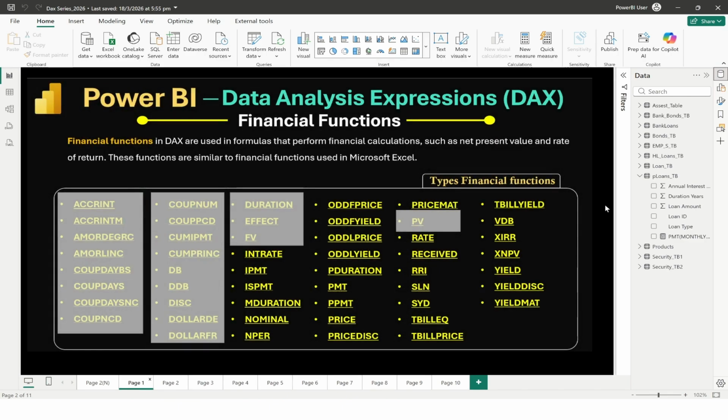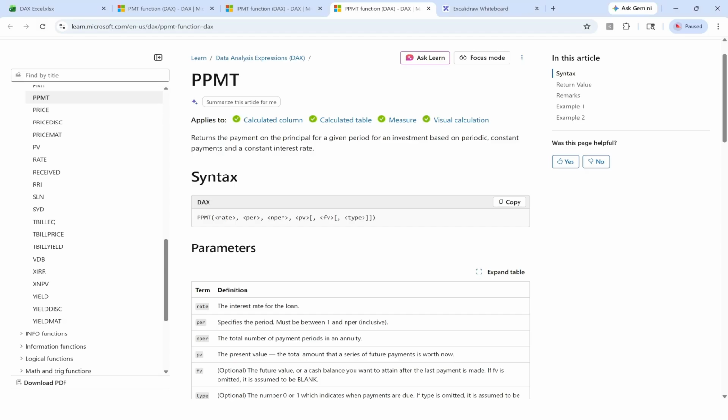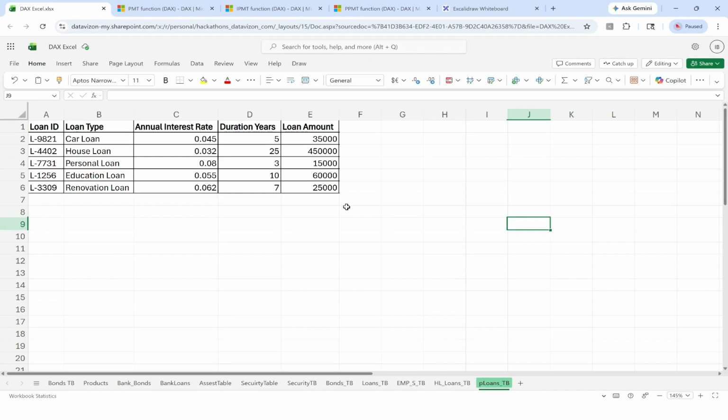If you see here, there is a statement. These functions are similar to financial functions used in Microsoft Excel. Okay, now go to page number 10. Let me go to my Microsoft Excel. Here the same table is here. See, loan ID, loan type, annual interest rate, duration, loan amount.